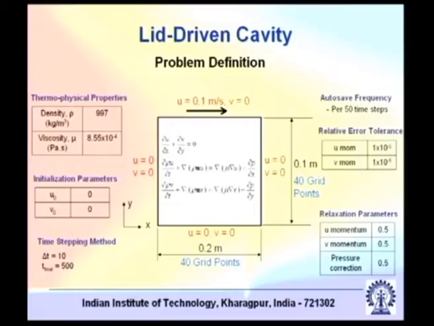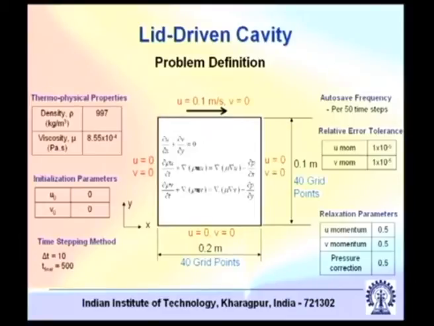So where you have strong gradients in variables, there you have to cluster fine grids, and where you do not have strong gradients, there you do not unnecessarily keep fine grids, there you can keep coarse grids. But the art of meshing is that you do not suddenly jump from a fine grid to a coarse grid, you go through several transitions, because a sudden jump from a fine grid to a coarse grid can make the system of algebraic equations that are being solved unstable.